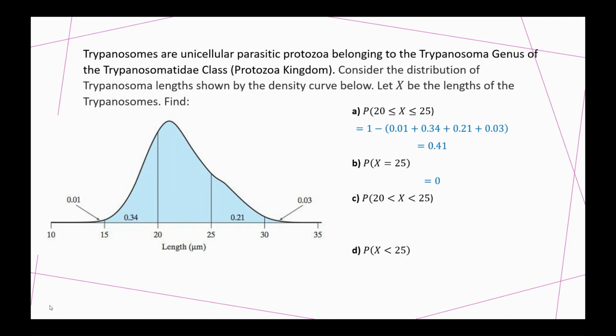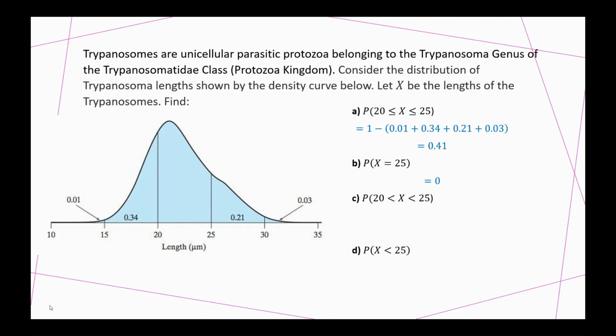Now, the remaining two probabilities we're going to do are ones that we might actually be asked. Again, for part B, it doesn't really make sense to ask that type of question. Now, C looks just like A, but it's missing the equal-to signs.